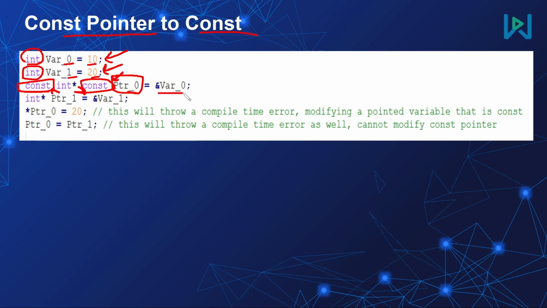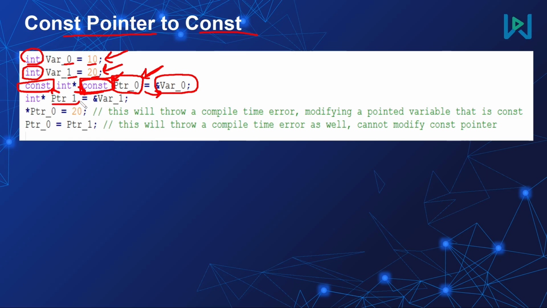And I have initialized my pointer initially with the address of variable 0. It is true that our pointer is const, but during the creation of the pointer, it is allowed to assign to it an initial value. However, later on, we cannot update the pointer.